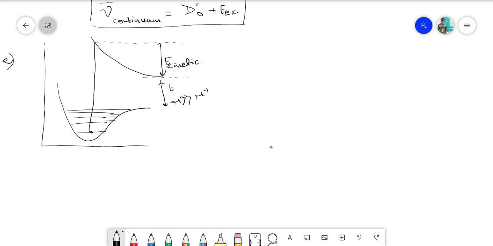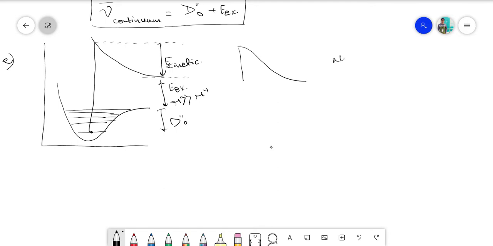This is the ground state dissociation energy. And so now, in this case, the entire spectra will be a continuum. This is what you will get. That is how we came to this conclusion, why we can discuss this spectra.